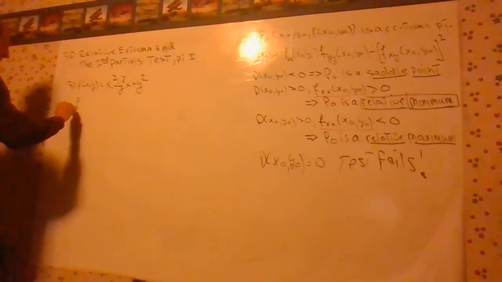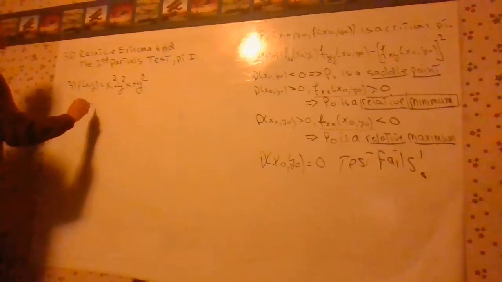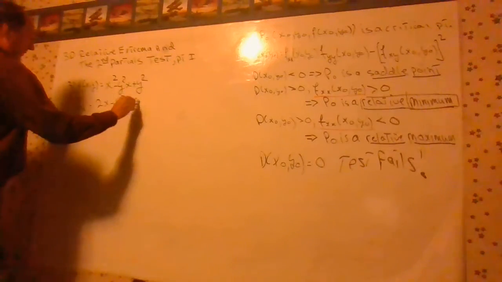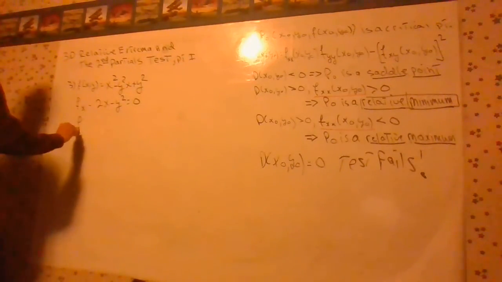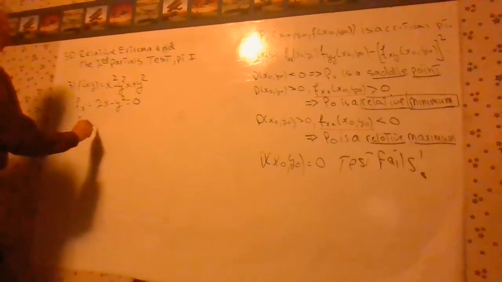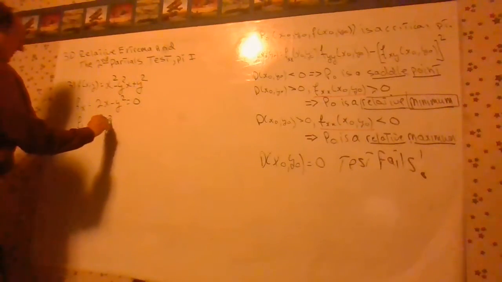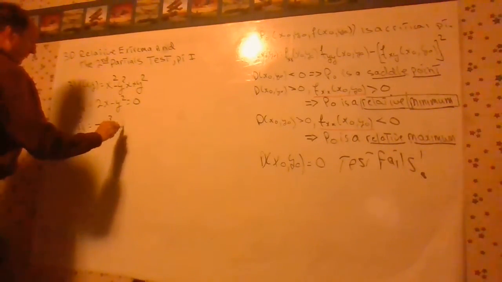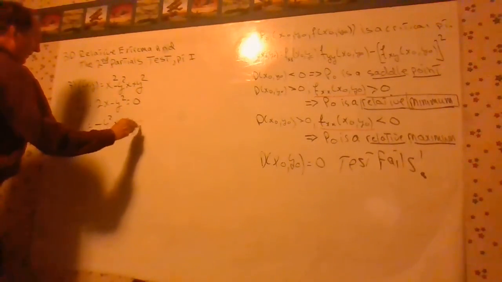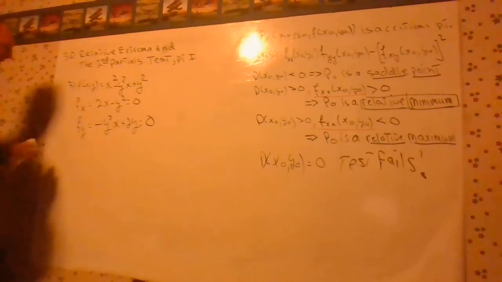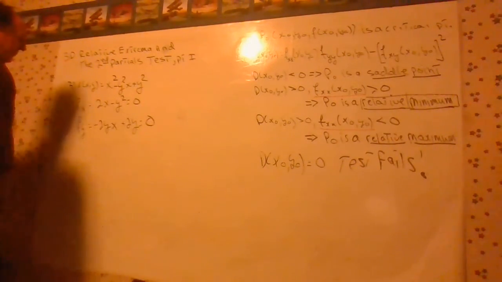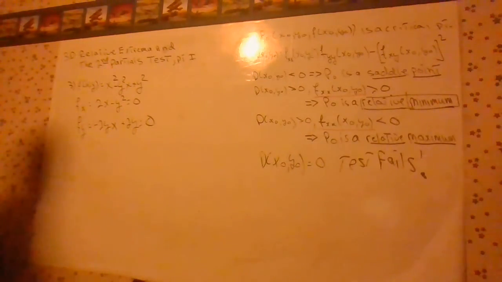We have f x is equal to 2x minus y squared. We can set that equal to 0. f y is equal to negative y squared x plus 2y, set it equal, oh, sorry about that, I made a mistake on that term. Negative 2yx plus 2y equals 0.